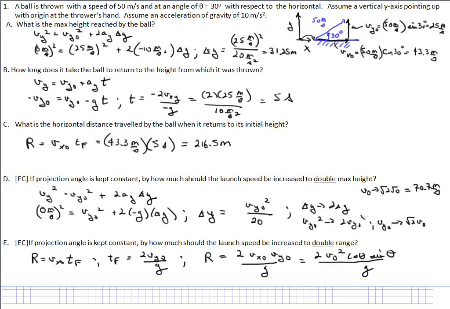And so clearly I have the same situation as I had in D. If I want R to go to 2R, then V naught squared has to go to 2 V naught squared, which means V naught has to go to the square root of 2 times V naught. In other words, it has to go to 70.7 meters per second.